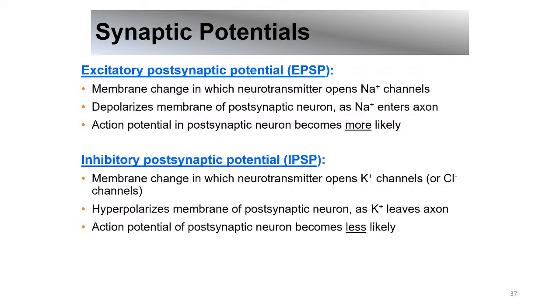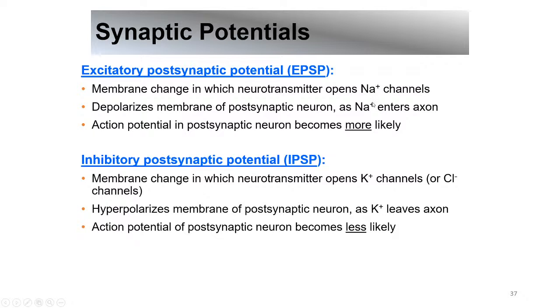Well, if we're only binding a couple ion channels, probably not. And then over time, the sodium-potassium pump is going to pump the sodium back out, and we go back to our resting membrane potential.